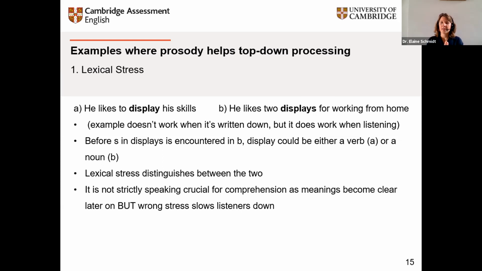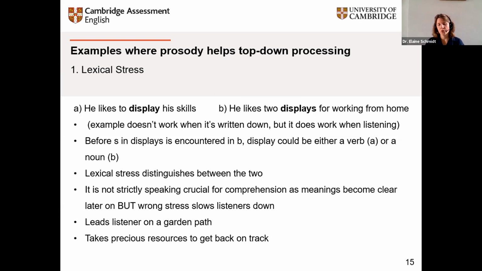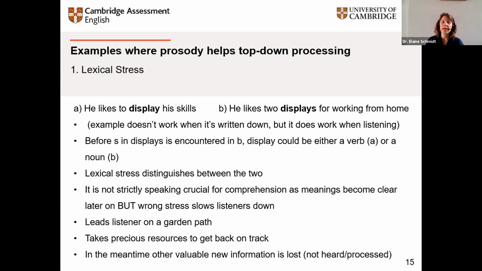And that means that you slow down in how you interpret the sentence, and you might be led into a garden path, and then it slows you down in trying to understand the next few sentences. So it takes precious resources, mental resources to get back on track, and you might lose new information because you simply don't hear it, or because you can't process it, because you're still trying to make sense of the sentence that you've just heard. So this is an example of lexical stress.